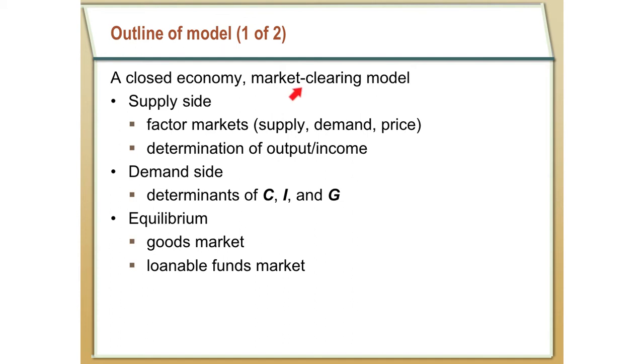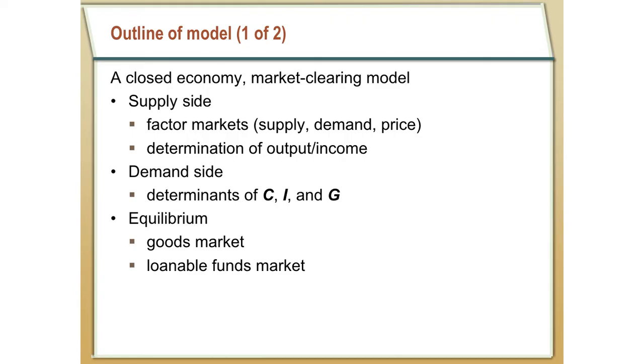Market clearing means that prices are flexible, and any sort of shortages and surpluses in markets are going to be eliminated, and markets are going to end up in equilibrium. This just means that prices are flexible and markets behave like we assumed they did in Eco 201 and Principles of Microeconomics.